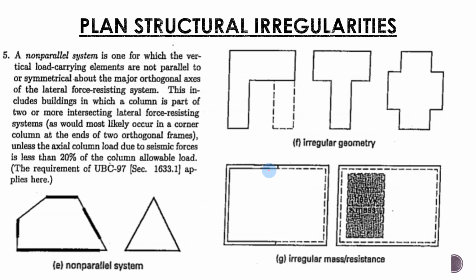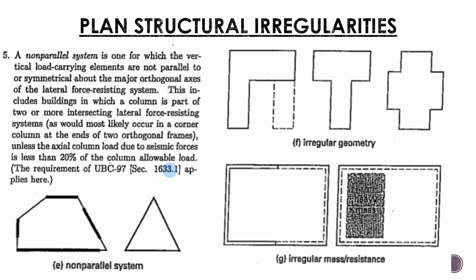So fifth is the non-parallel system. Is one for which the vertical load carrying elements are not parallel to or symmetrically about the major orthogonal axis of the lateral force systems.